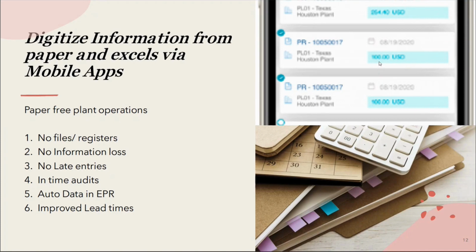Once that step is taken, no information loss. You're not going to lose the paper. Once it is recorded in the cloud systems, it isn't going anywhere. No late entries because it is in real time. You could do it through tablets, mobile phones, or any desktop. And because this information is available in real time, that's where the process improvements start.